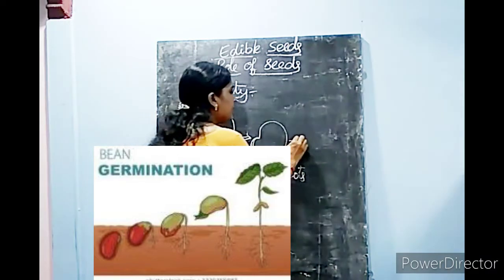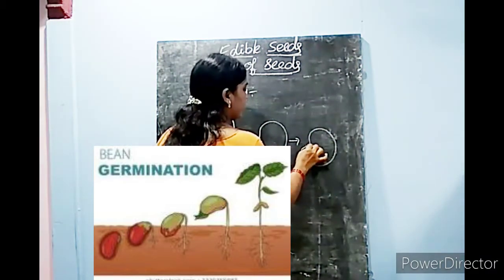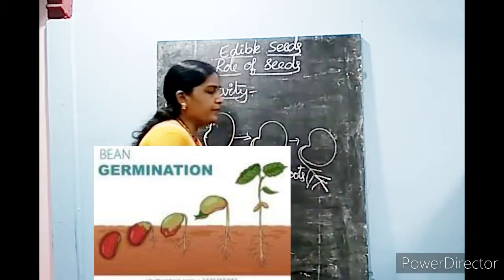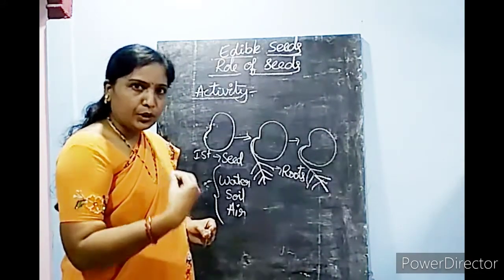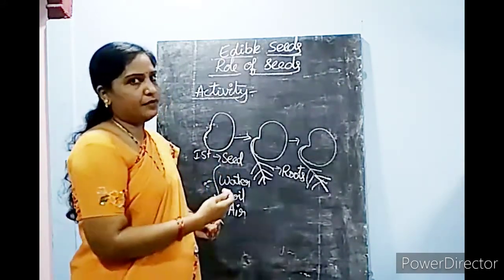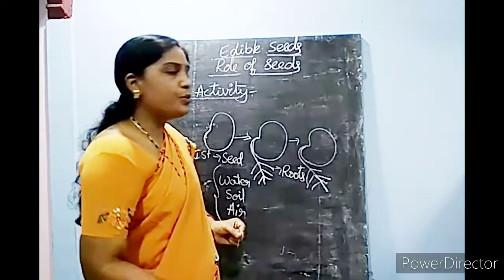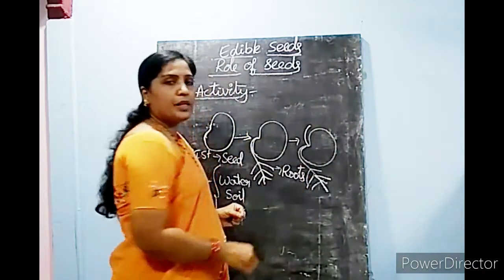And the third stage is sprouts. Clearly you observe the sprouts which you are going to prepare as a part of the activity. I told you to prepare the sprouts and you can see a white color part coming out first.